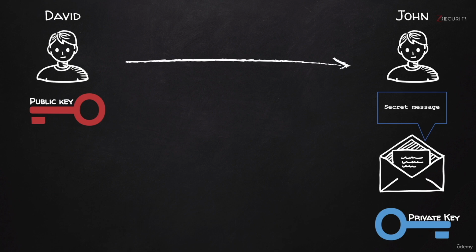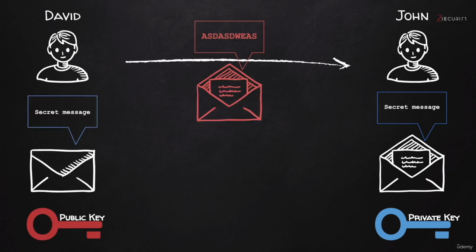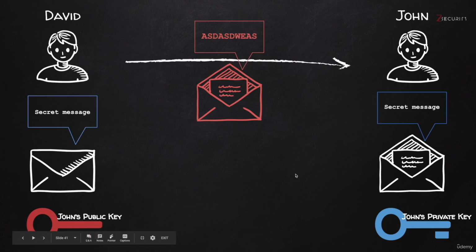The only thing that is shared is the public key, which cannot be used to determine the private key and cannot be used to decrypt the message. It can only be used to encrypt the message. So by the end of the communication, David is going to have John's public key and John is going to keep his private key.